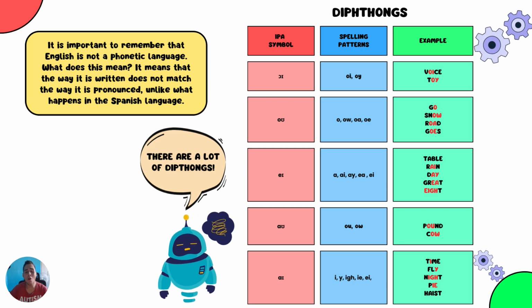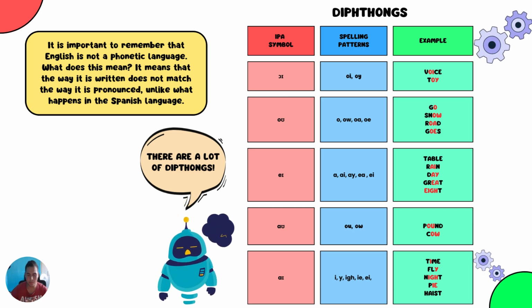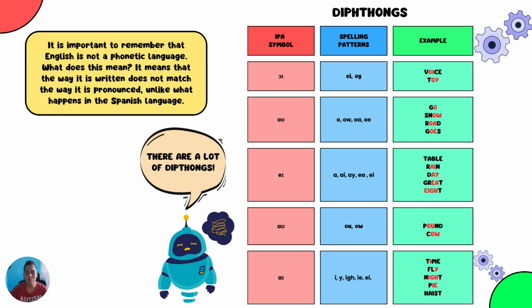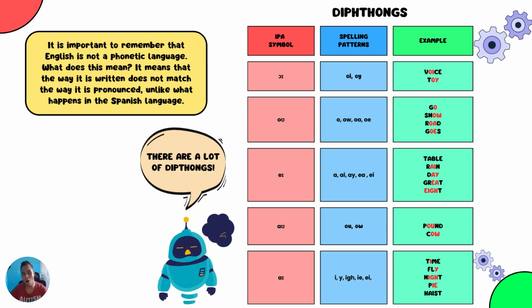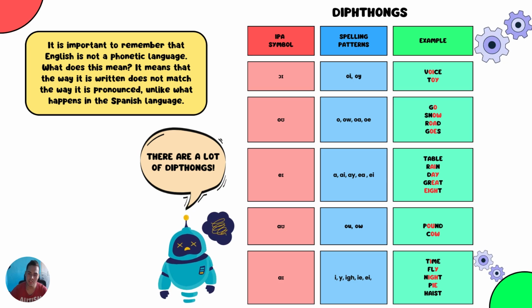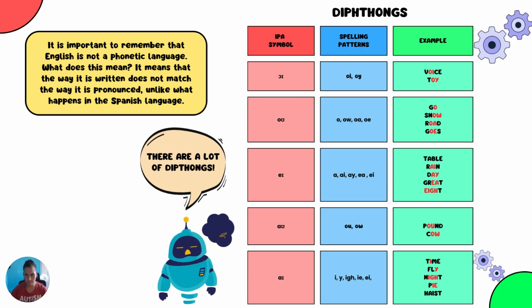We have o, followed by the spelling patterns o, ow, oa, oe. You can see there go, snow, road, goes. And you're probably going to say, what? But W is there? Yeah, W is there because the W is acting like a helping vowel.